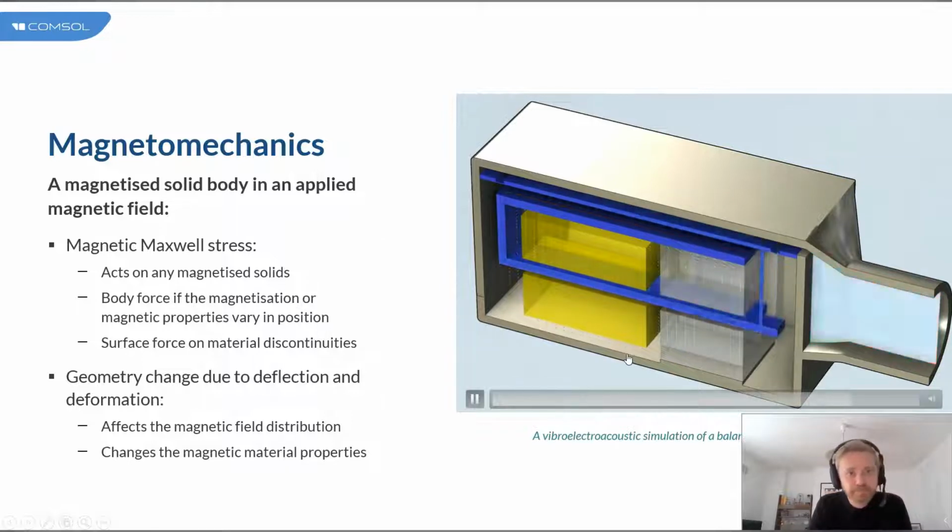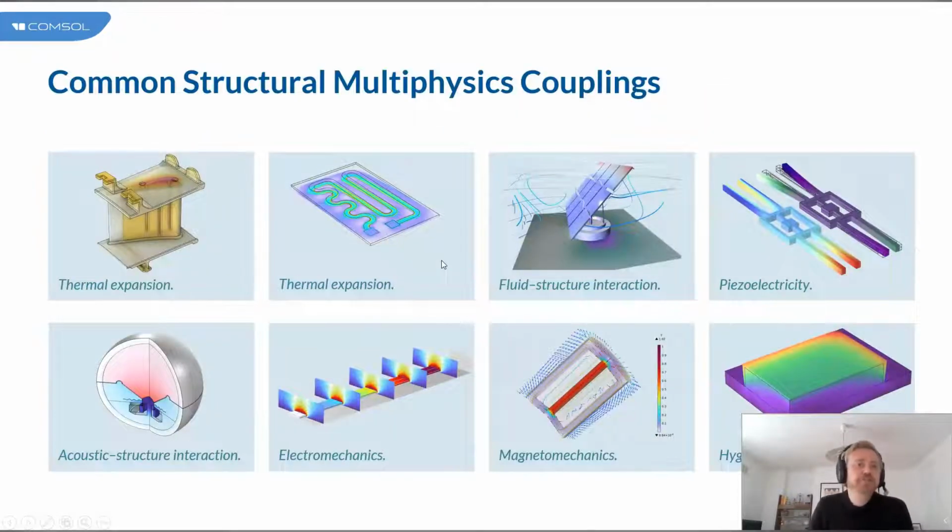So in terms of structural mechanics and multiphysics, the slide here gives you an overview of some of the common multiphysics couplings that we see when working with mechanics. This isn't an exhaustive list, but it gives you an overview. So we have thermal expansion, we have fluid structure interaction, we have the piezoelectric effect, we have acoustic structure interaction.